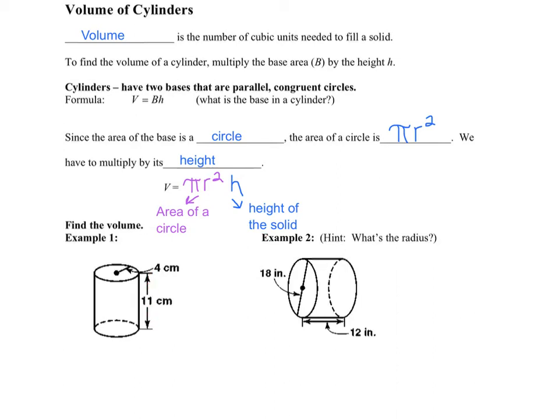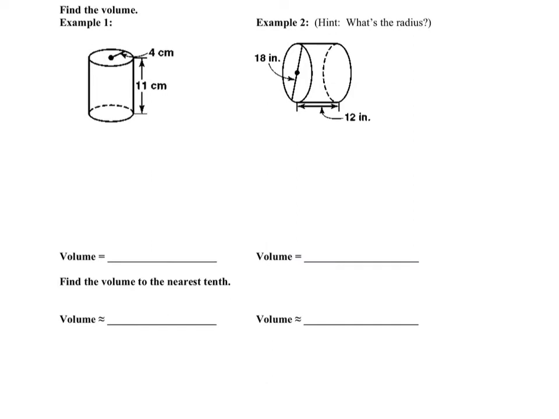So let's do some examples together. Let's look at example 1, and we want to first identify our solid, and this is a cylinder. So our formula for a cylinder is volume equals pi times radius squared times your height.